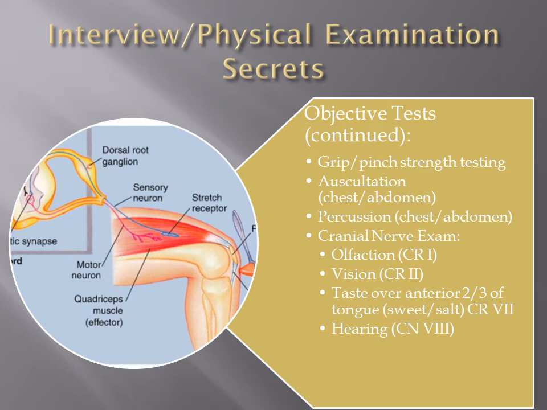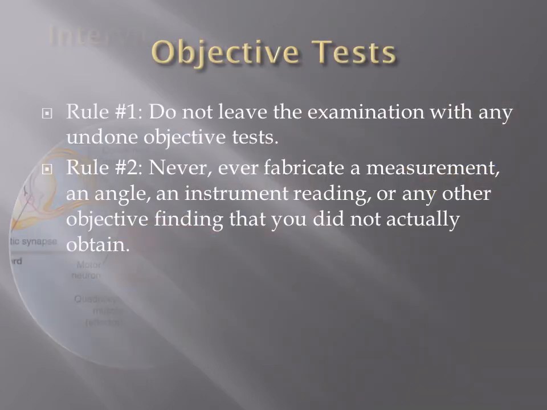And so the point is to make sure that you're doing every single possible objective test, at least that are required by the AMA guides, for which you are supporting your permanent impairment opinion. Or I should say objective tests that support your permanent impairment opinion. And the rule is, do not leave the examination with any undone objective tests.